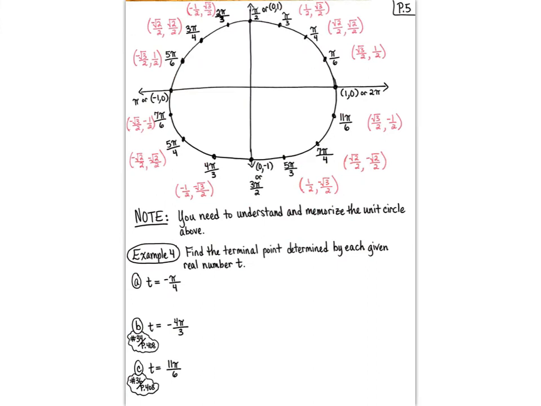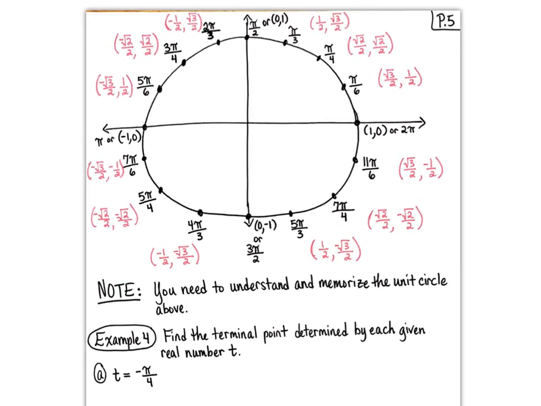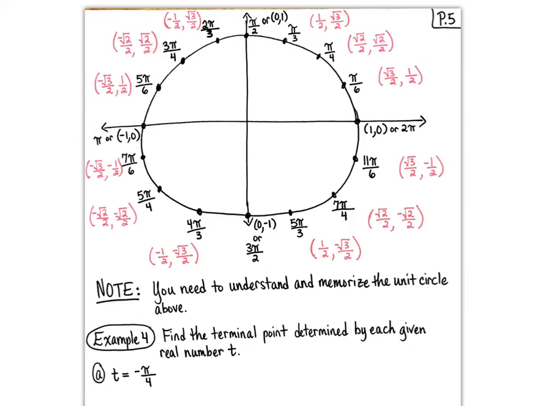I'll give it to you sooner than some would typically give it to you, because in this section you learn about reference numbers, which means you typically just need to know what happens with quadrant 1. If you know all of the angles in quadrant 1, you can determine the other angles and their coordinates, okay?